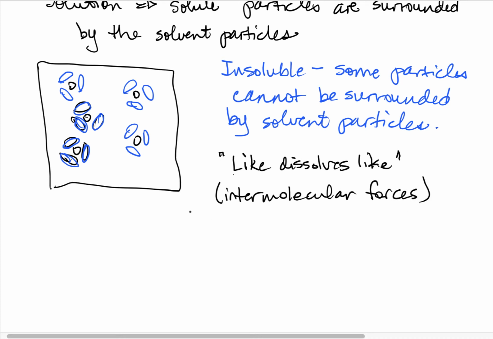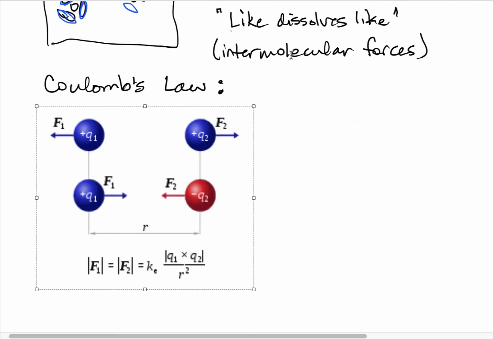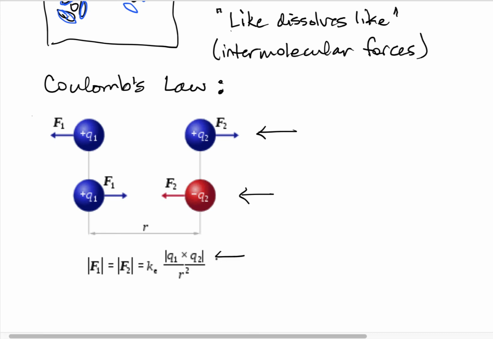And what is at the heart of all intermolecular forces is Coulomb's law. Coulomb's law tells us that how strongly two materials are either attracting each other or repelling each other is based on two pieces. One of them is the size of the charge, and the other one is the distance between those two charged particles.